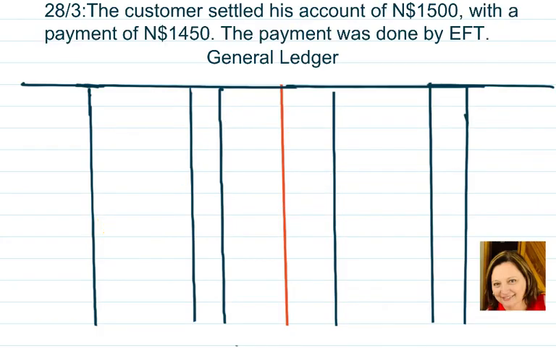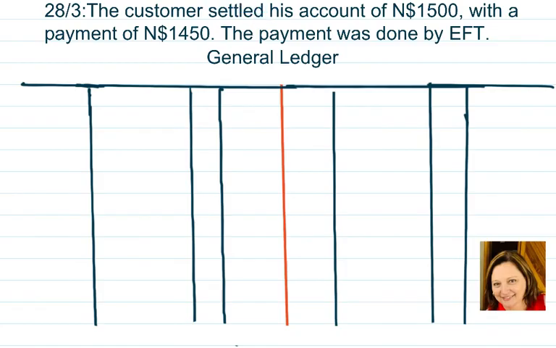Our last transaction, the customer that bought from us on credit settled his account of 1,500. This is what he bought for, so his balance is 1,500, but he paid only 1,450. Now, whenever you see settle the account, then you know he settled the account in full.